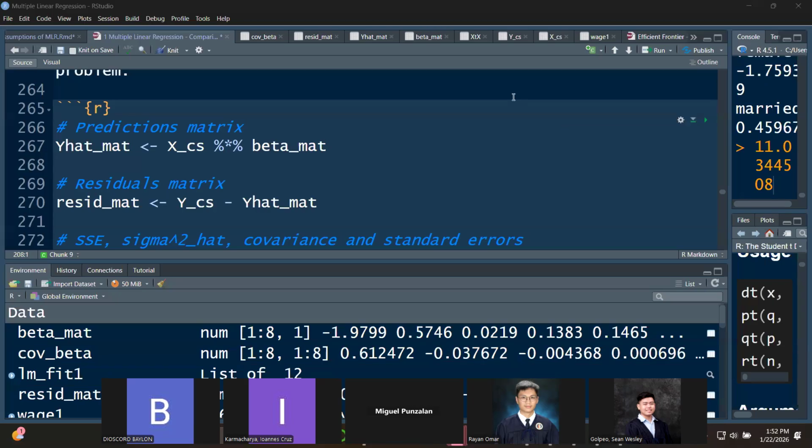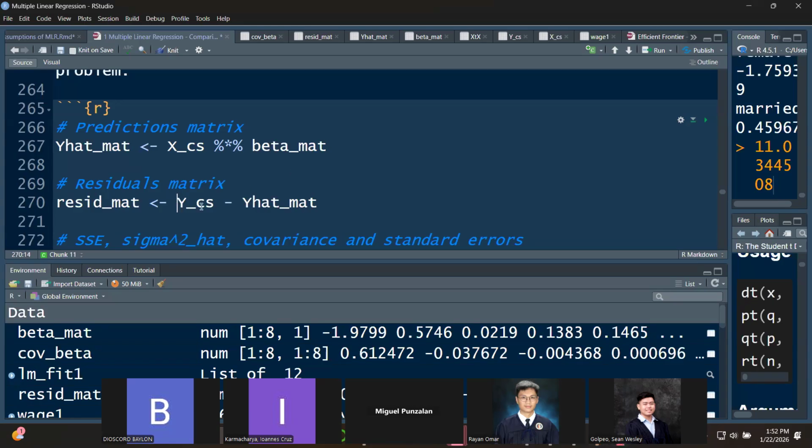All right. So we now have our y hat matrix, our predicted value matrix. And then how about the residuals, class?